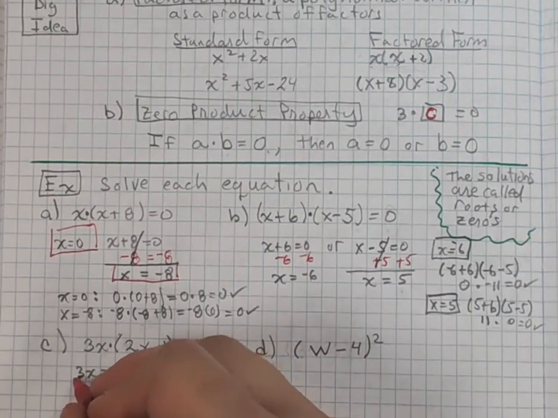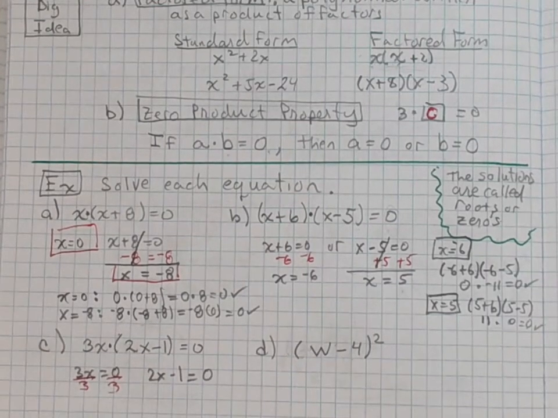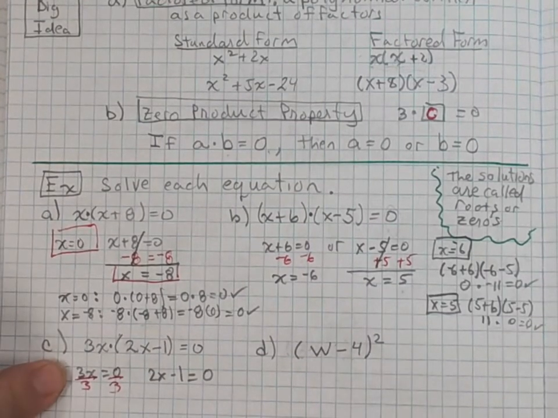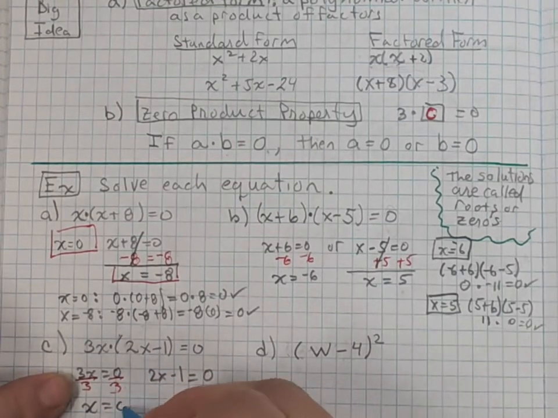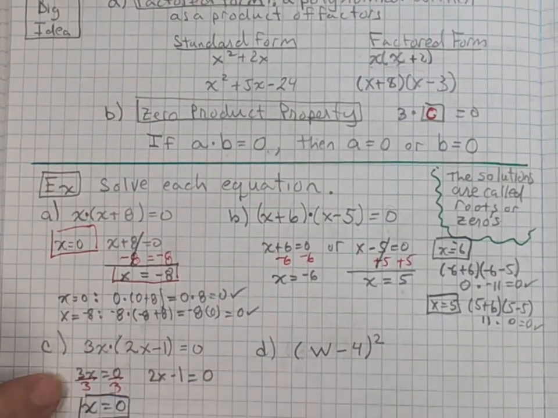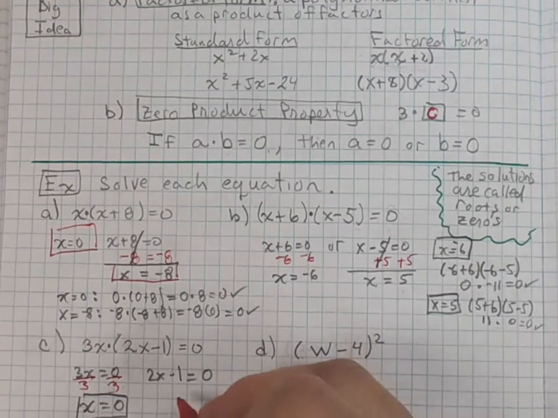So divide by 3 on both sides for the first equation. And this results in 1x equals, and 0 divided by 3 is 0. So x could be 0. And that makes sense, 3 times 0 is 0. All right, solving this one, we'll add 1 to both sides.